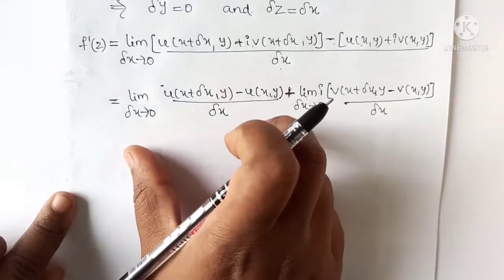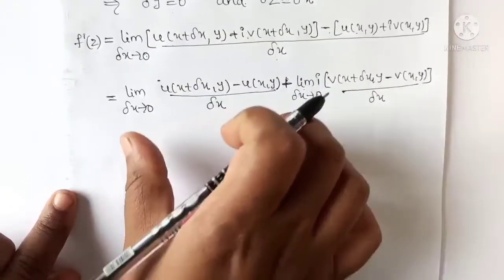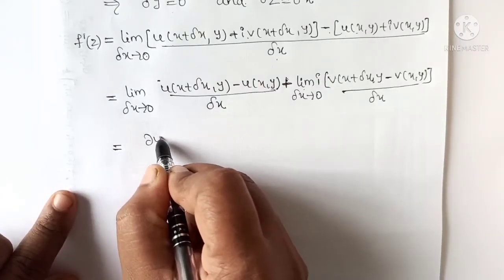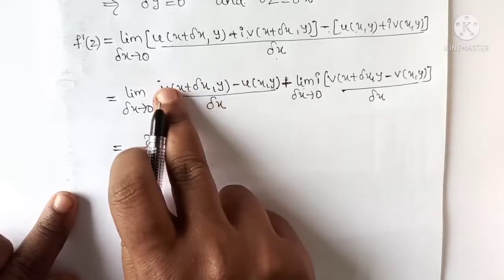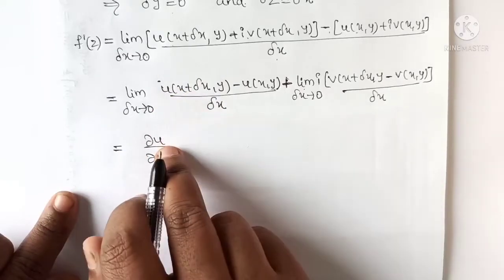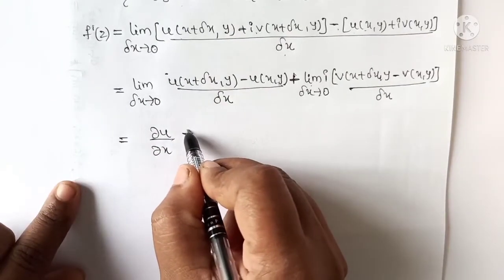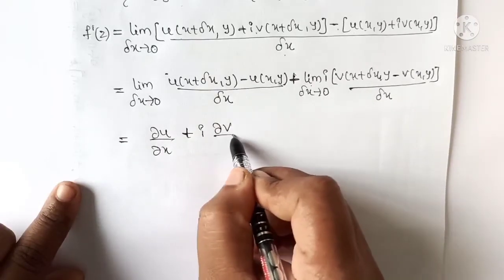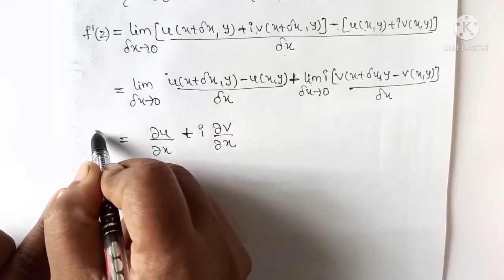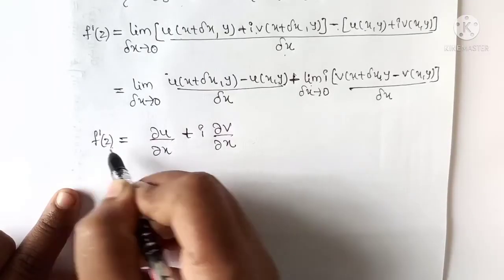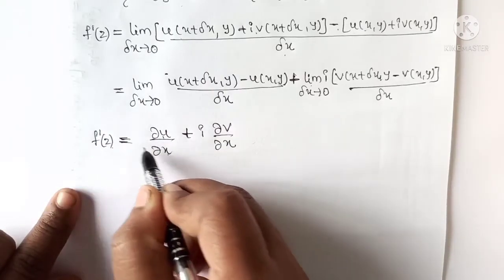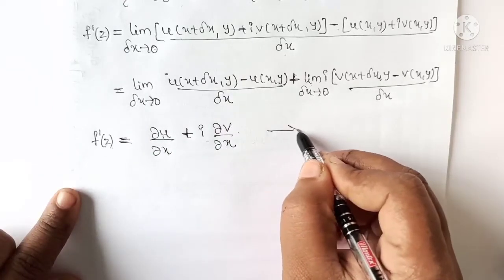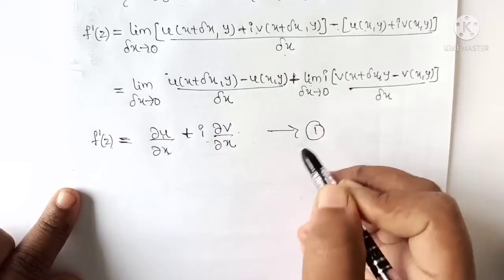So by the definition of partial derivative this can be replaced by dou u by dou x plus i dou v by dou x. So f dash of z can be written as dou u by dou x plus i dou v by dou x. Consider this as equation 1.